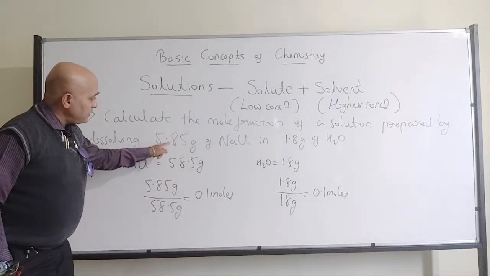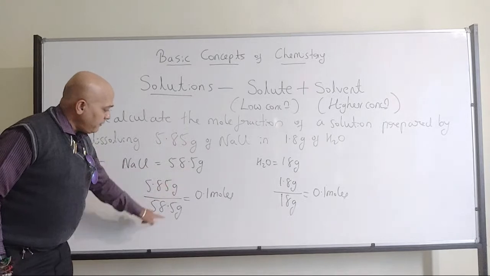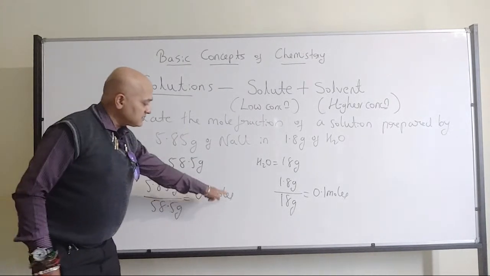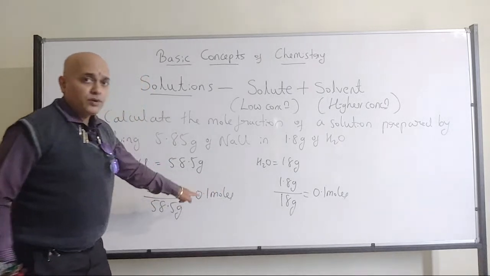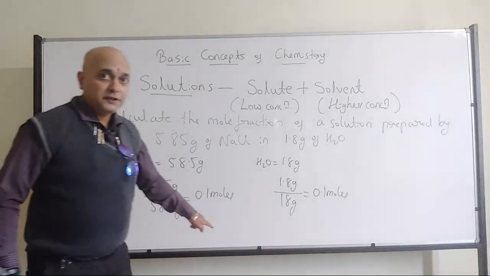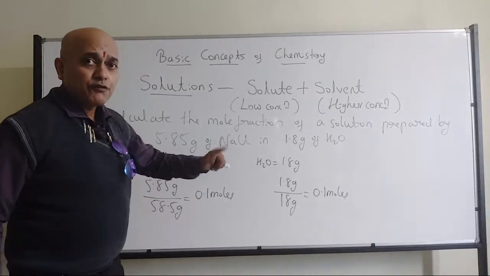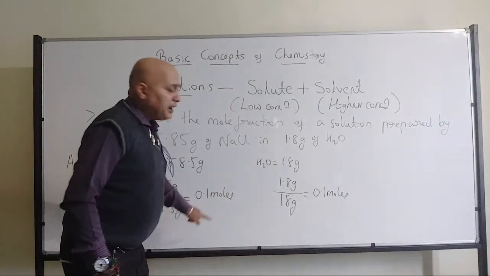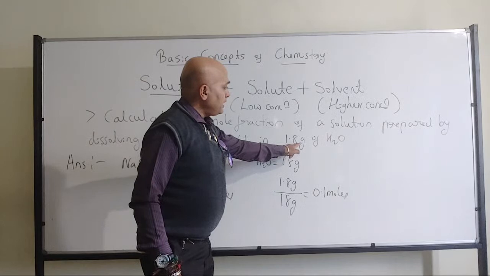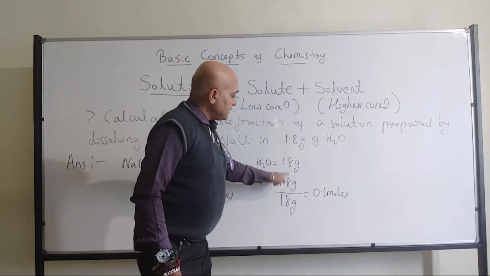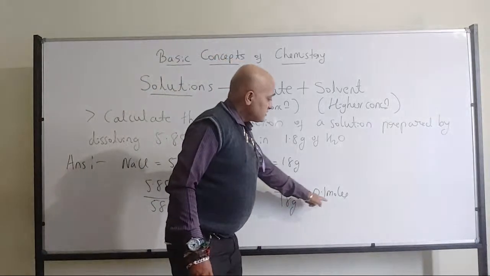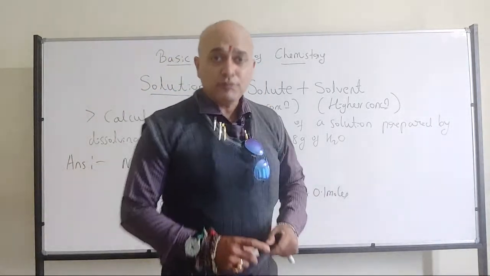So number of moles is given mass divided by molar mass. 5.85 divided by 58.5 is just 1 by 10, so 0.1 moles. Then water, 1.8 gram is the given mass and the molar mass is 18 grams, so here also we have 0.1 moles.